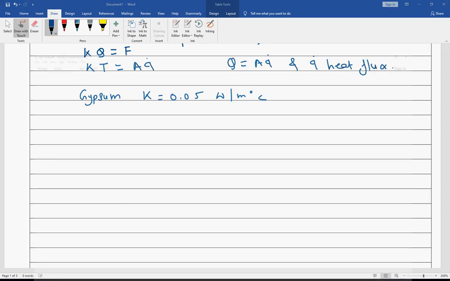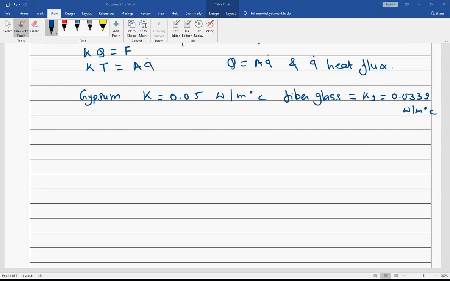This is the conductivity of gypsum. And then there is fiber glass, K2 equal to 0.0332 watts per meter per degree Celsius.